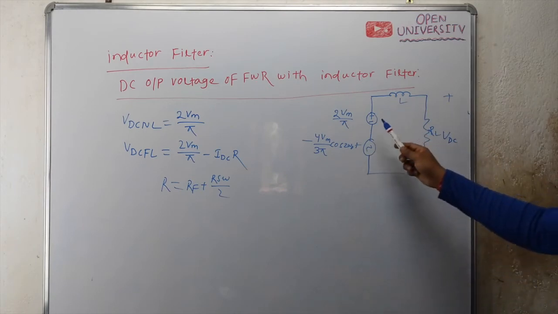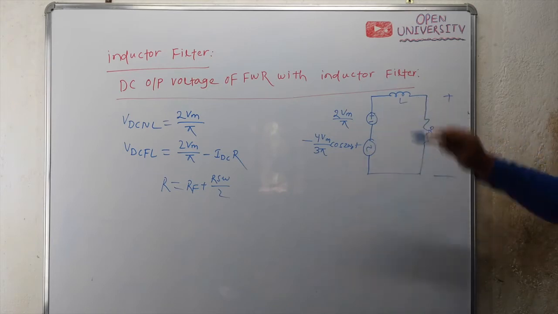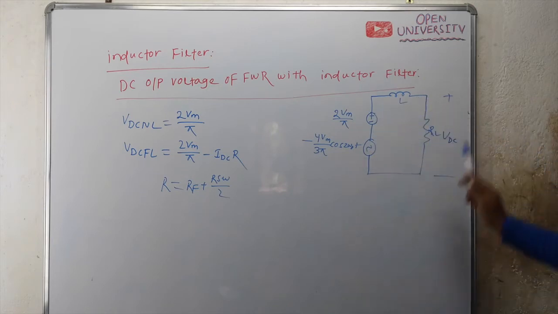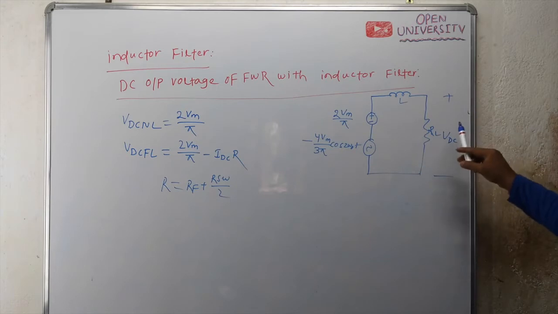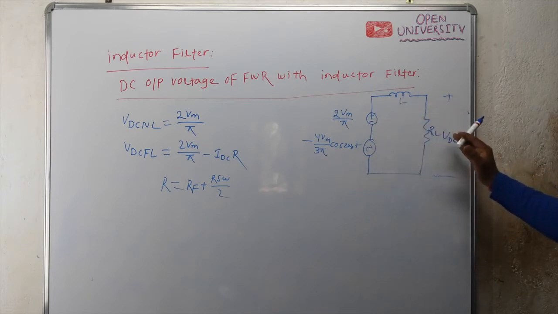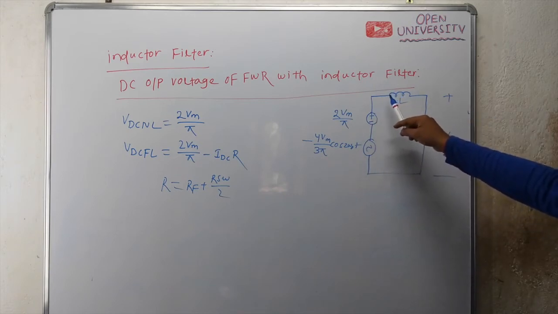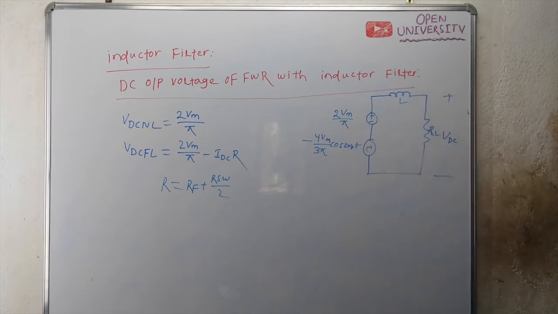You know, the output of the full wave rectifier is a combination of AC component and DC component. Then can you say how much DC will be obtained in the load? Whatever DC is present here, the same DC voltage will appear across the load, because for a DC source your inductor becomes short circuited.